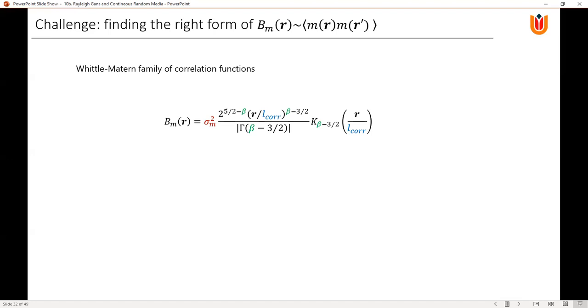The sigma is the variance of the refractive index. So that basically tells us how strongly the refractive index fluctuates. The correlation length is a spatial measure of how slowly it fluctuates. So basically these parameters describe how the spatial fluctuation of the refractive index behaves.